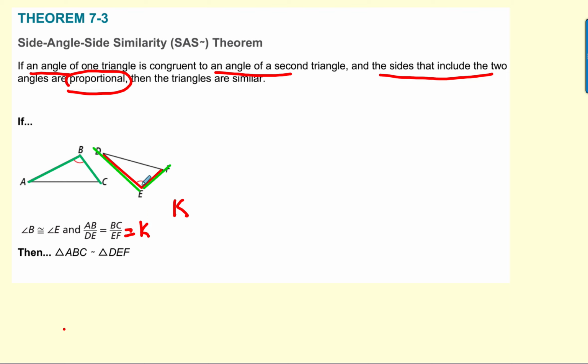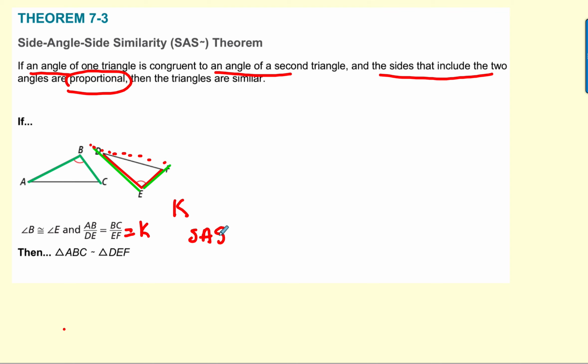I'm going to multiply this small side by K to make it longer. I'm going to multiply this small side by K to make it longer. And then these triangles right here, let me put little dotted lines here. So this brand new triangle will be congruent to this triangle by side-angle-side.